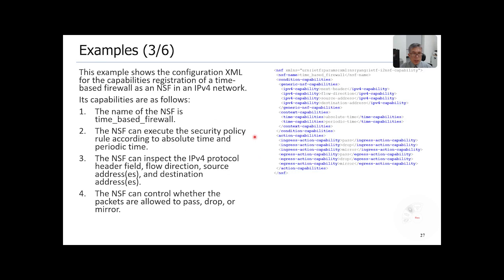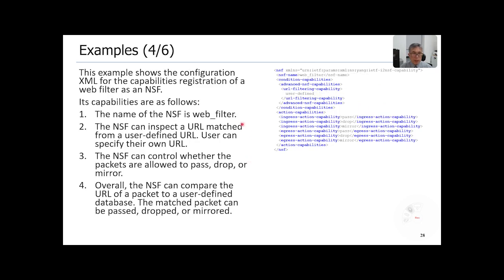And then for the time-based firewall case, we can specify the time, absolute time, periodic time. For example, during work time, some company employees cannot access SNS service, so we can specify the periodic time. And then web filter. So web filter case, we can specify the web filter for the SNS service I mentioned.